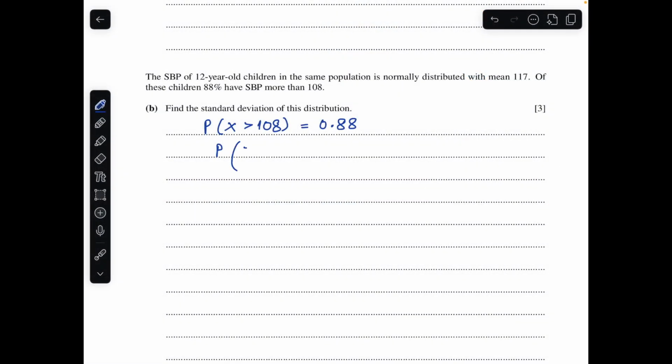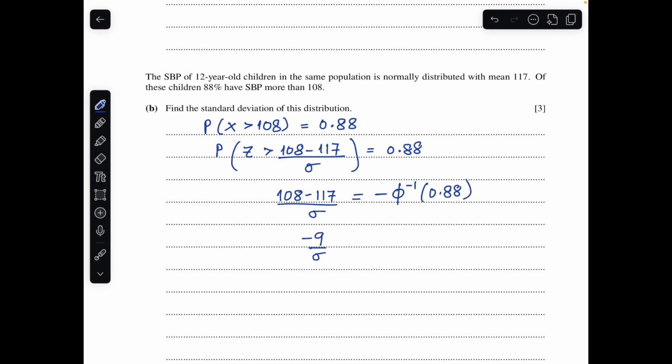So the probability of z-score greater than 108 minus 117 over sigma is equal to 0.88. As I said earlier, when we have greater than and the probability is greater than 0.5, the z-score is going to be negative. So this is equal to negative phi inverse of 0.88. This works out to be negative 9 over sigma, and the phi inverse is 1.175.